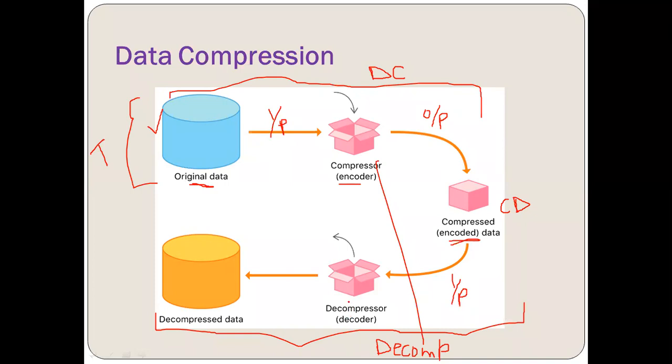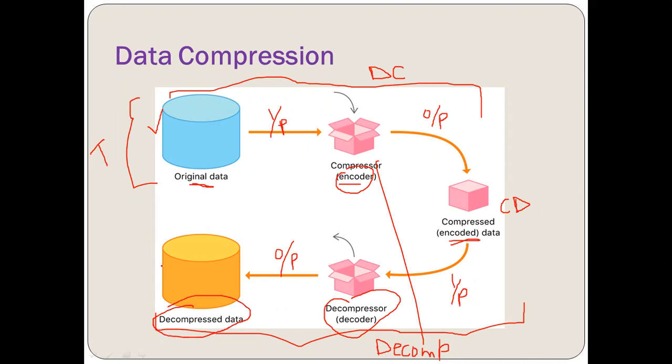We are using a decoding process as the decompressor. Earlier we were using the encoding process. And then we are getting an output. That particular output is called the decompressed data. So the output we get here is decompressed data.